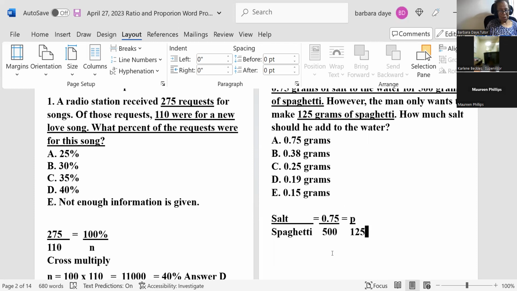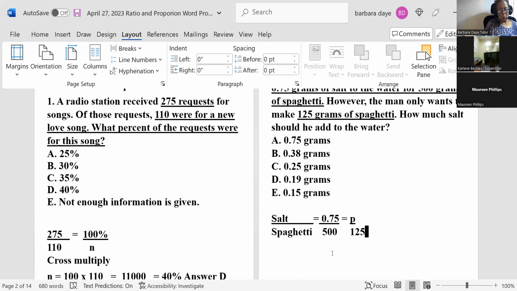Okay, no problem. You're solving for P. Tell me what P is equal to. Mercedes, are you with us? P is equal to 500P, right?